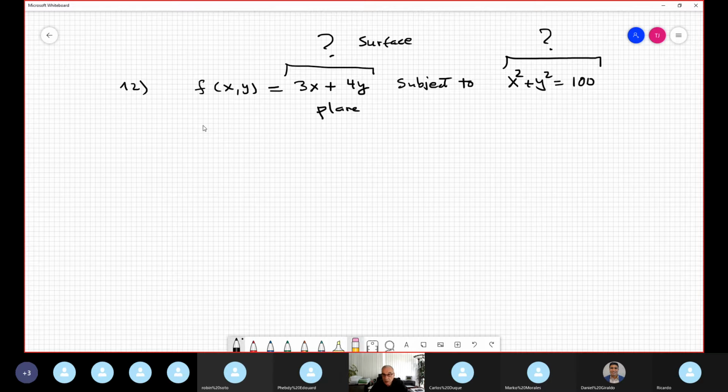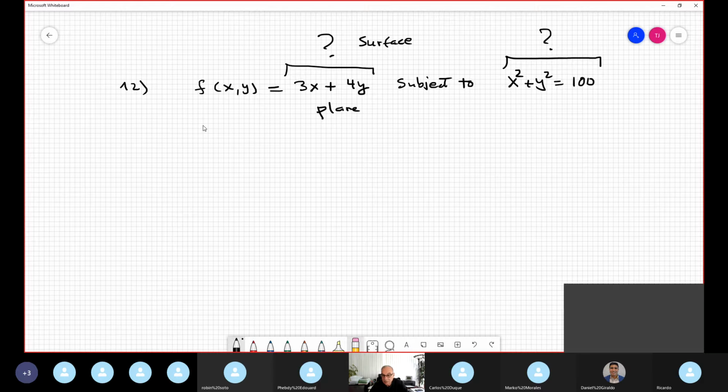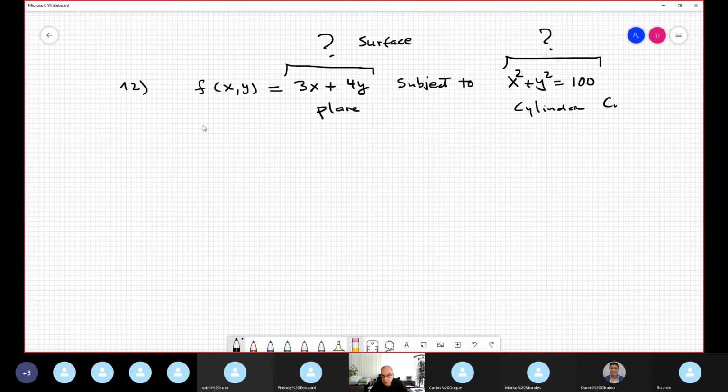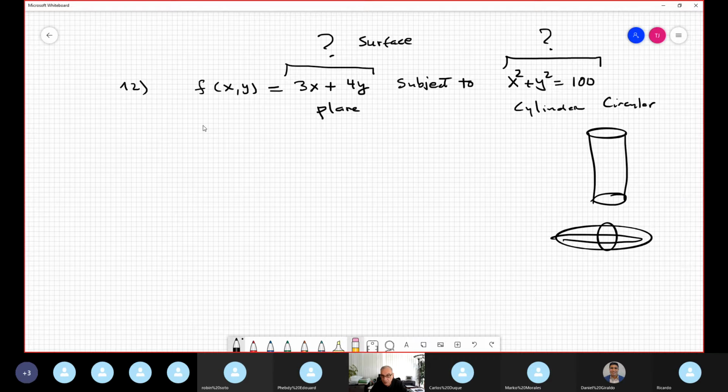One clue is that one variable is missing. No, not ellipsoid, Gerardo. It's a circular cylinder. When you do this graph, it looks like that. An ellipsoid is something like that. How do you know?